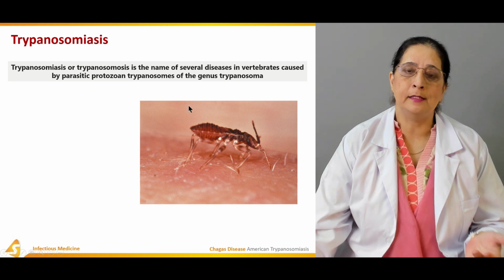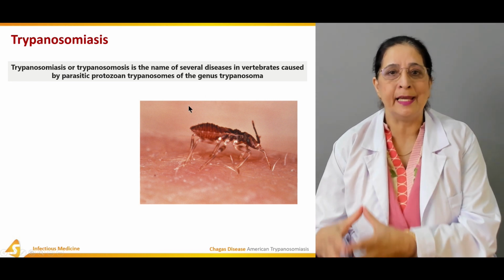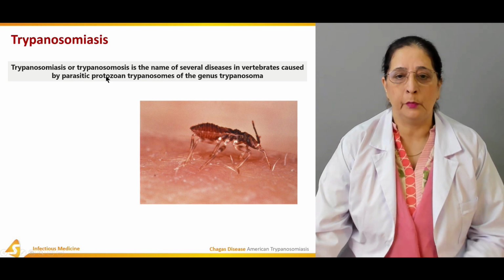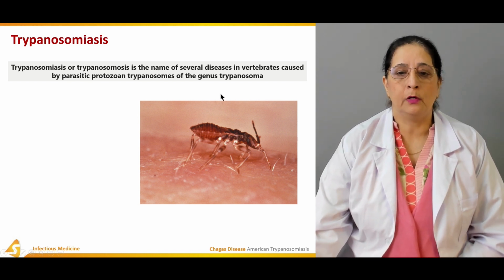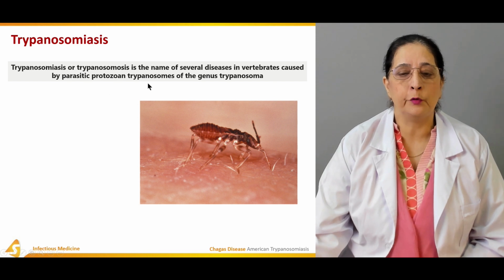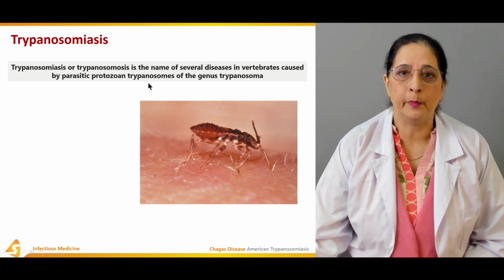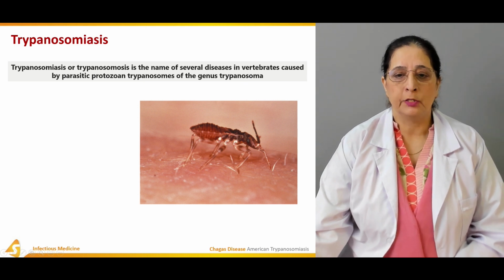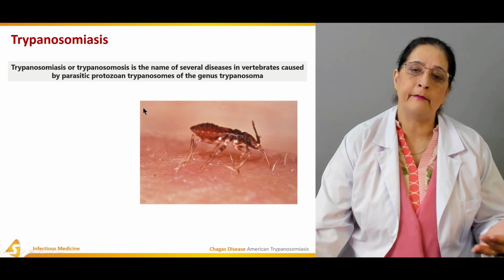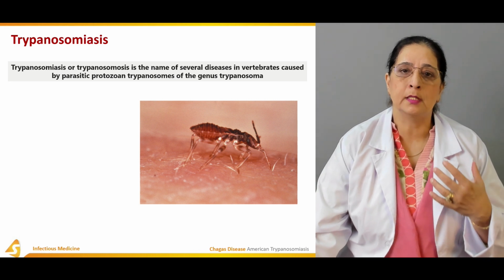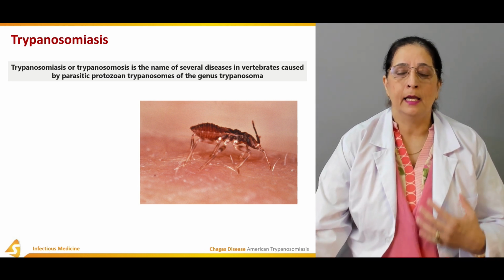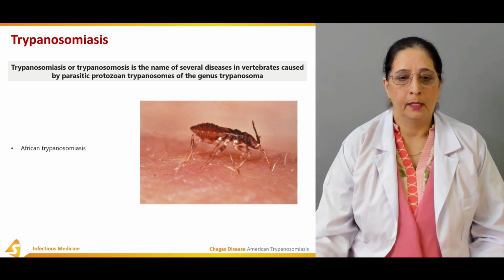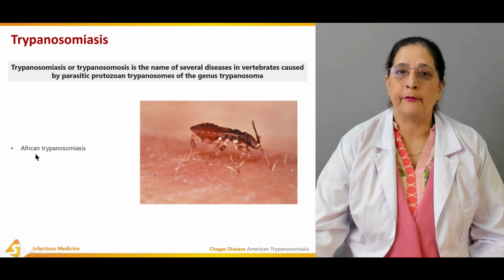That's why both terms, trypanosomiasis and trypanosomosis, are used, because it is the protozoan trypanosome and the genus is Trypanosoma. So it's a protozoan that causes several diseases in vertebrates.